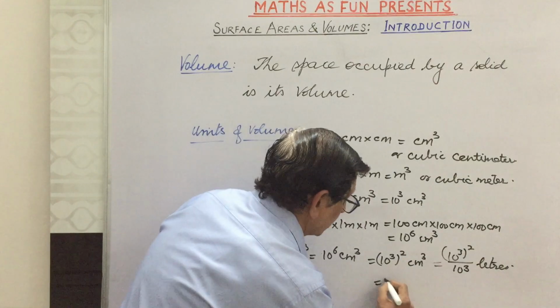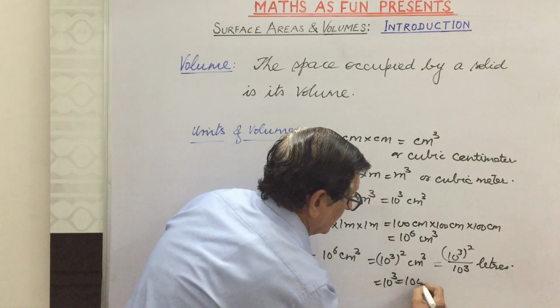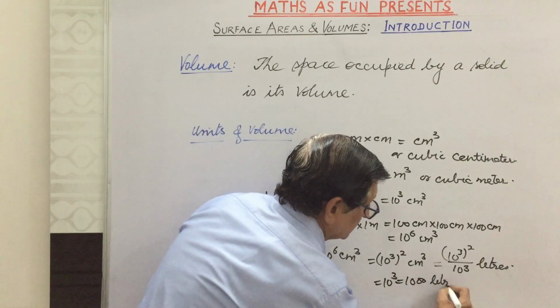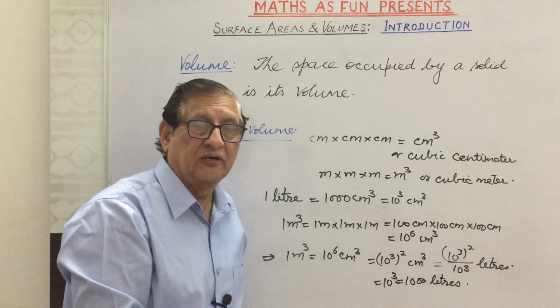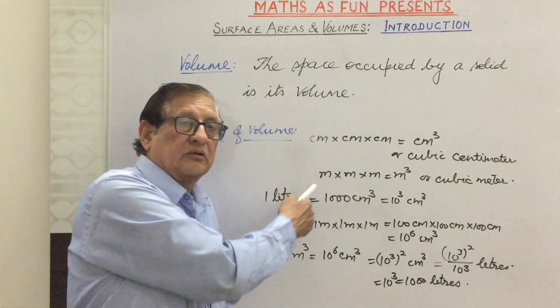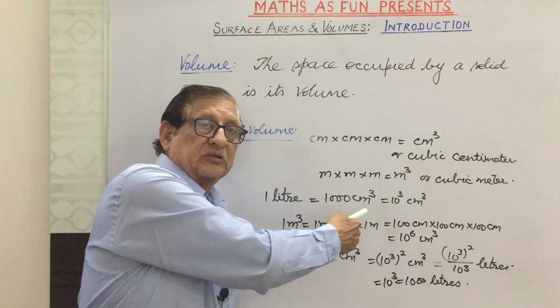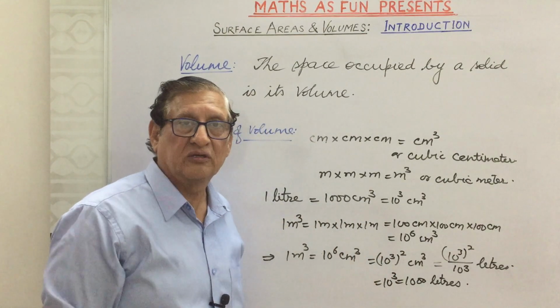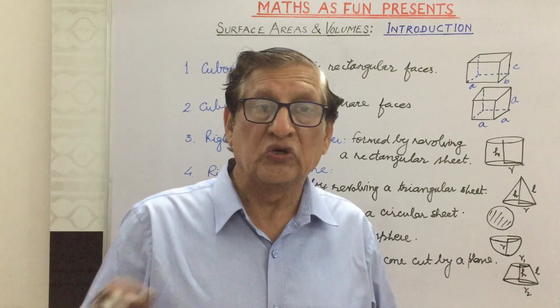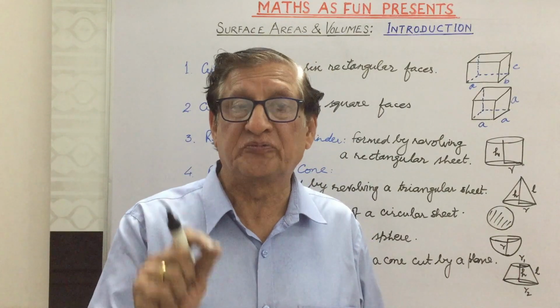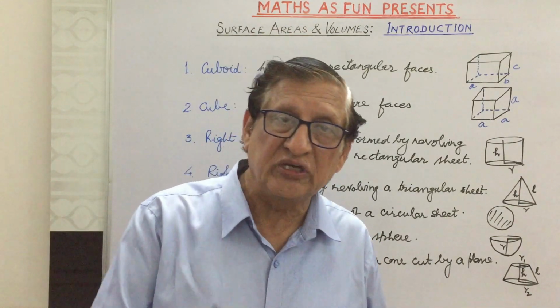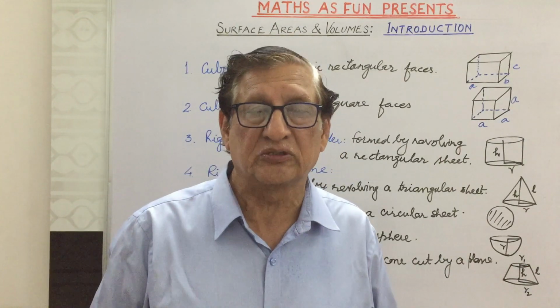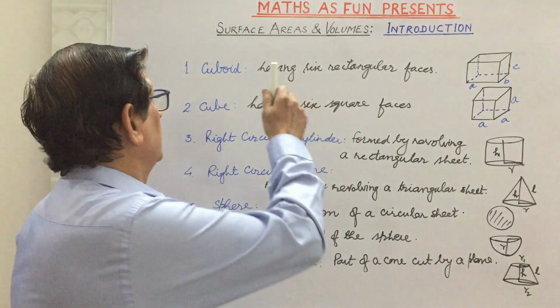And it becomes 10 to the power 3, or you can say 1000 liters. So please remember that 1 liter is equal to 1000 centimeter cube and 1 meter cube is equal to 1000 liters.